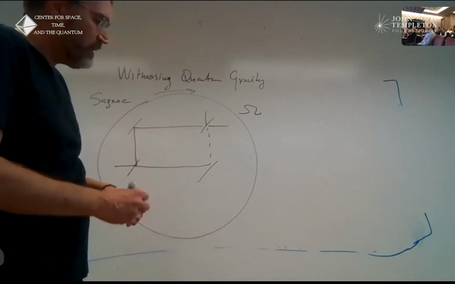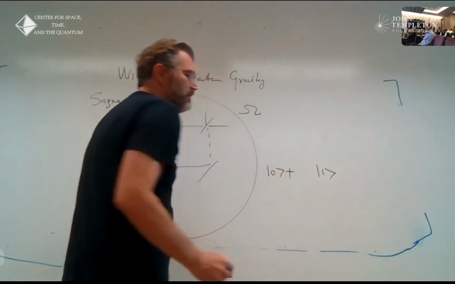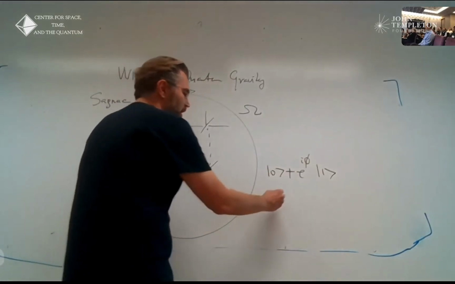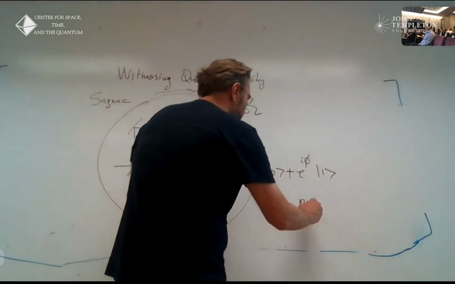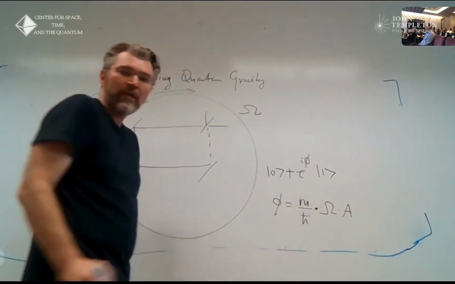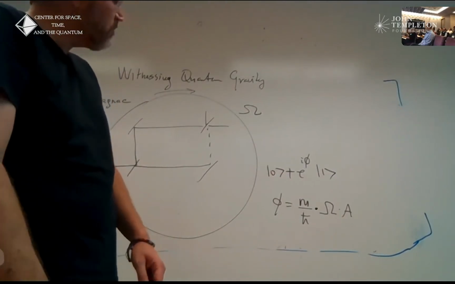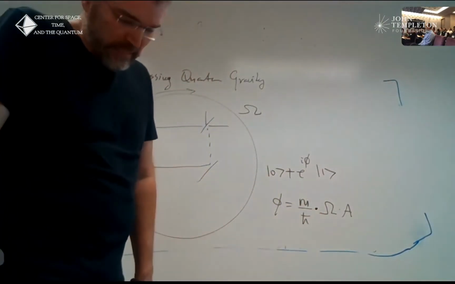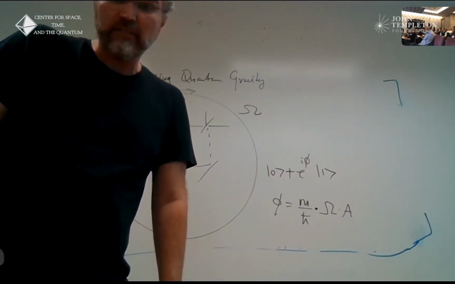And now what's interesting is that you get an extra phase between arm 1 and 2. I'm going to write it just as e to the i phi. And this phi is something like m over h bar times omega times area. The reason why I remember the formula is that it's very easy to remember. But the reason is that it looks extremely suggestive that this is a kind of Aharonov-Bohm effect.